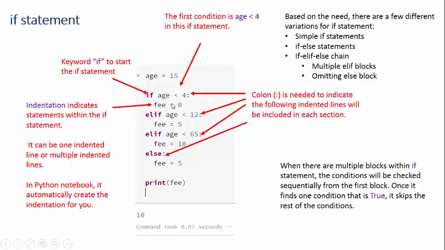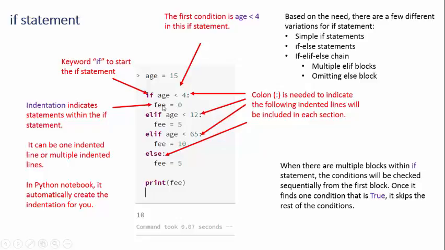Actually, in an if statement, we can have different blocks. This is the first block. The logic is like this: if the age is less than 4, if this condition is true, then this block is going to be executed.